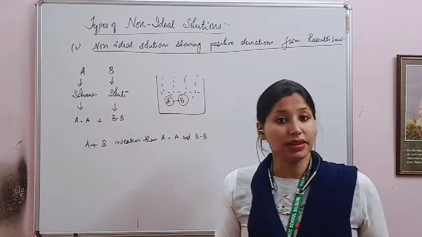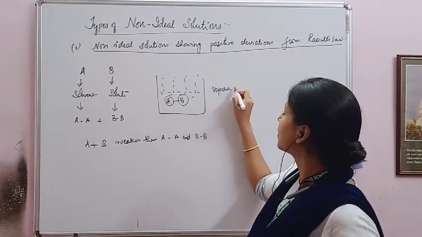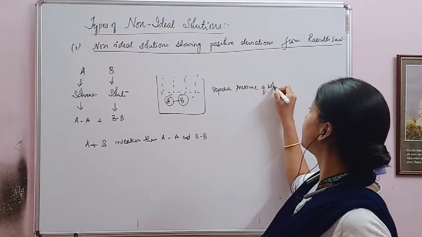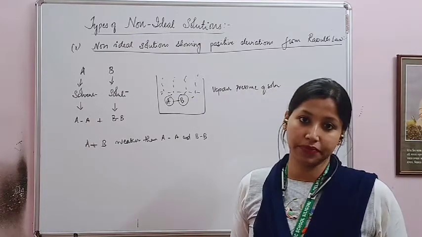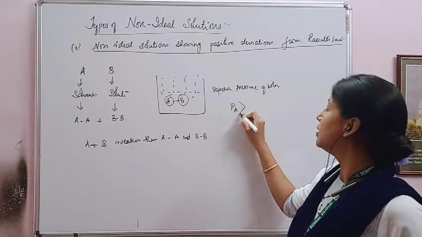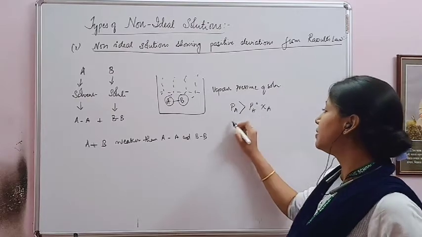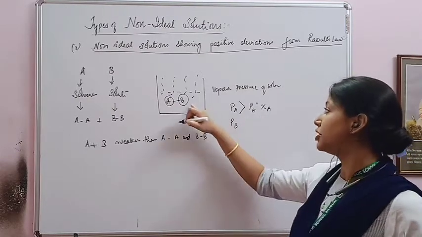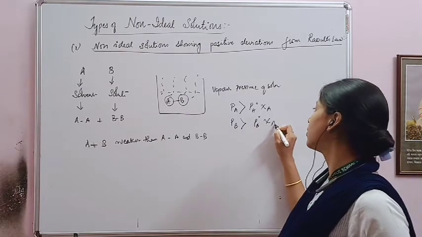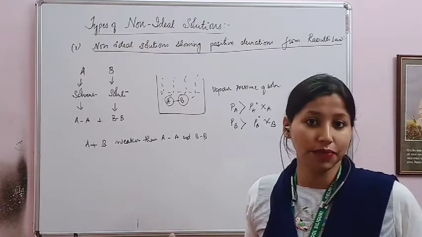If their escaping tendency increases, the vapor pressure of the solution will increase. That means PA is greater than PA naught chi A. Similarly, the partial pressure of B will be greater than PB naught into chi B. That means they are violating Raoult's law.